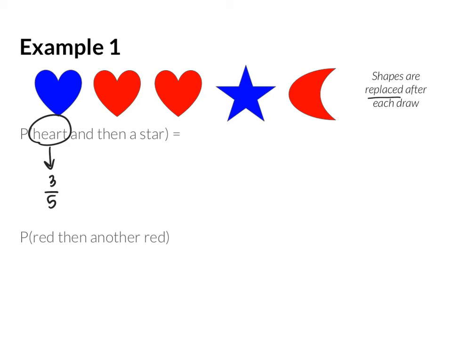Now what's my probability of picking a star? Well, there's 1 star out of 5 possibilities. So the probability of both of them happening, I would multiply. There are 25 possible outcomes, 3 of which will give us a heart and then a star.